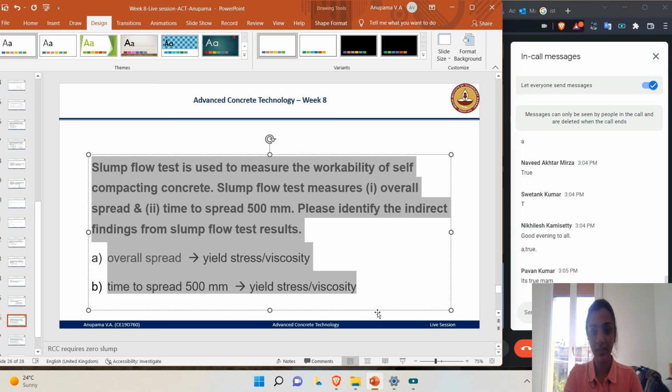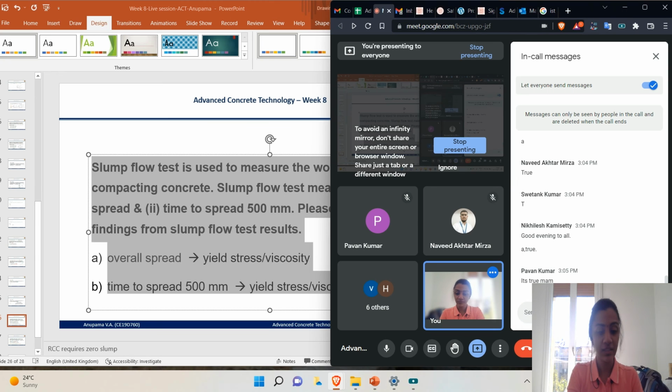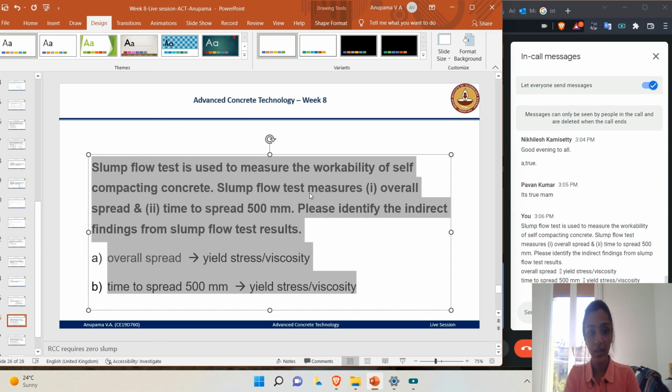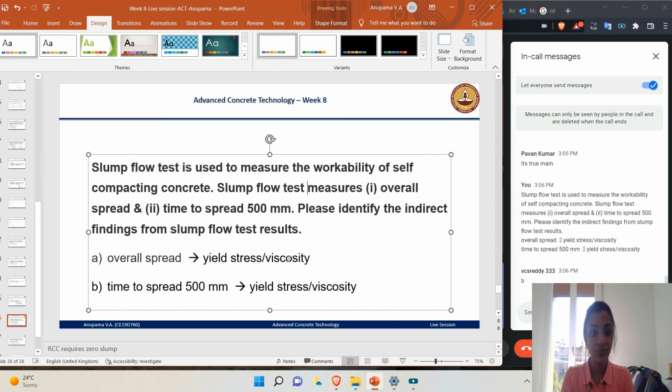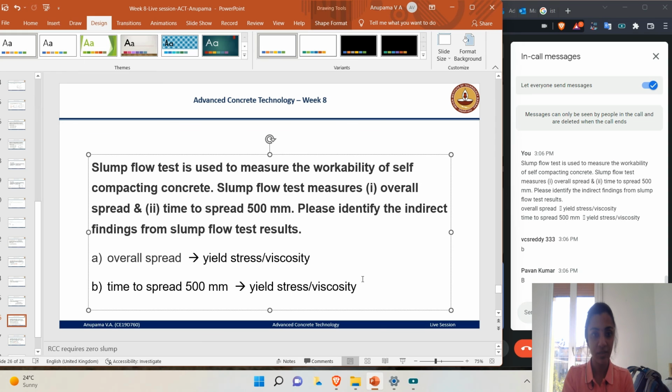So again, read this very carefully. There is overall spread, whether that indicates the yield stress or viscosity. Also, time to spread 500 mm, whether that indicates yield stress or the viscosity. So that is the question.